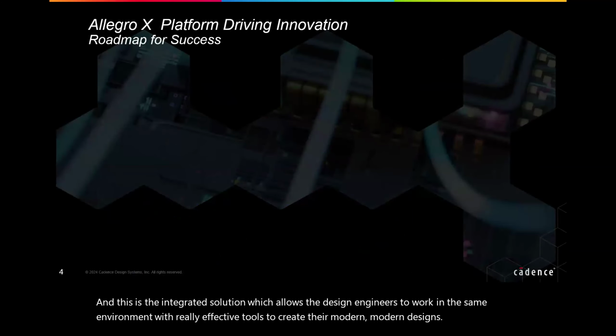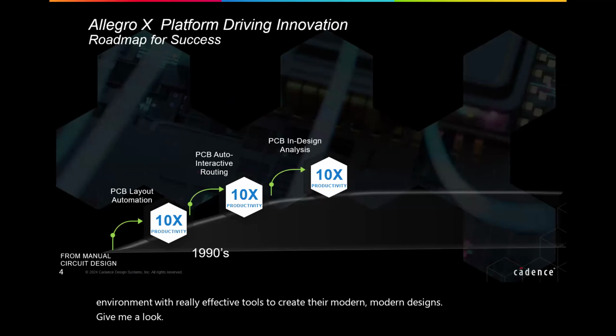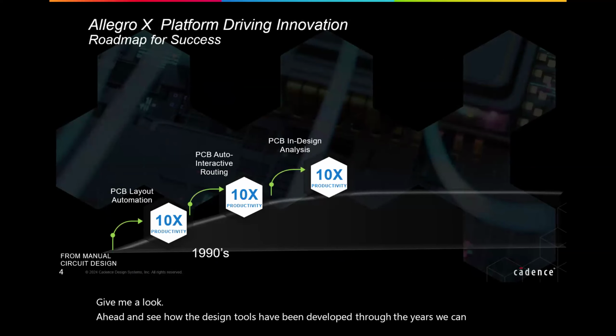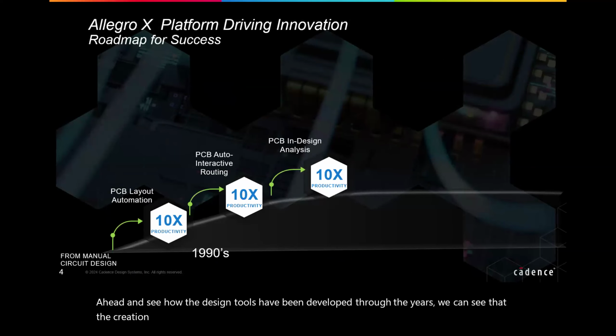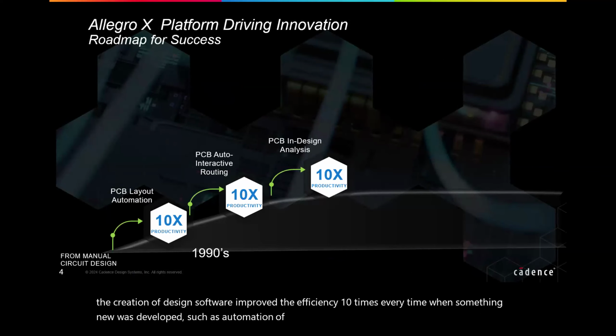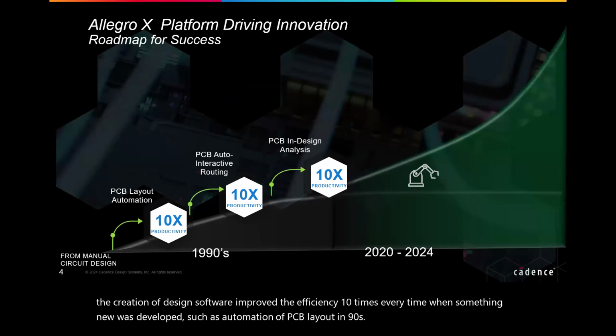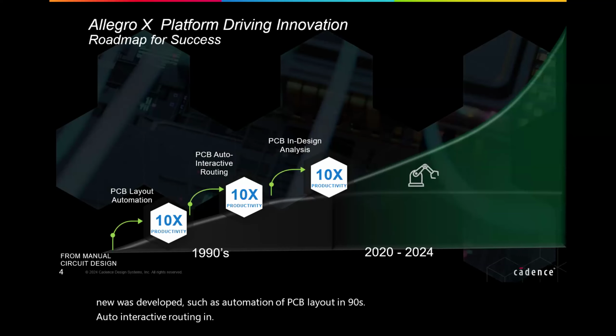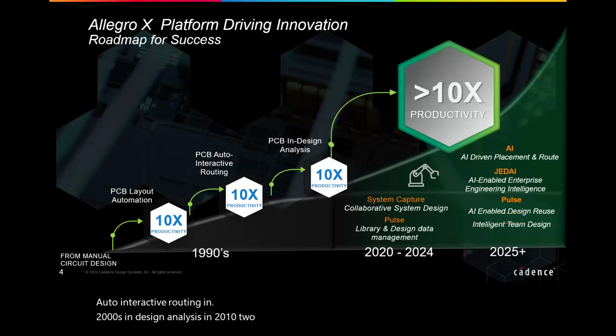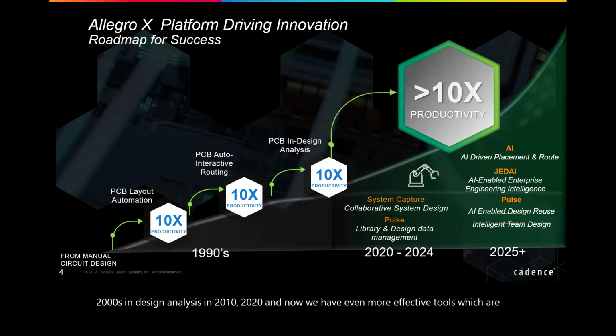If we look ahead and see how the design tools have been developed through the years, we can see that the creation of design software improved the efficiency 10 times every time when something new was developed, such as automation of PCB layout in the 90s, auto-interactive routing in the 2000s, in-design analysis in 2010, 2020, and now we have even more effective tools, which are collaborative system design and schematic design in System Capture, and library and data management in Pulse.